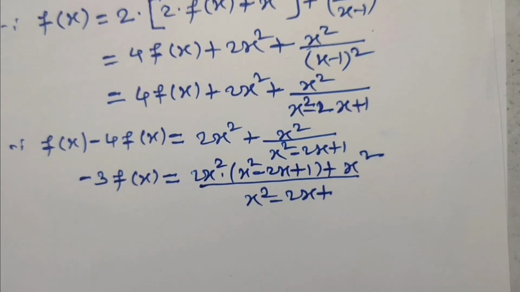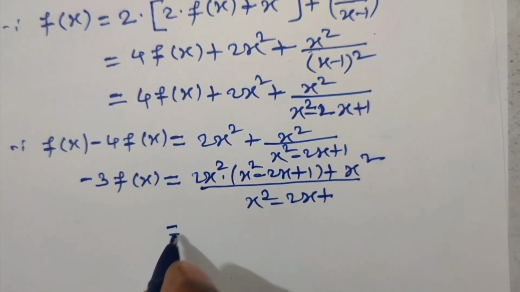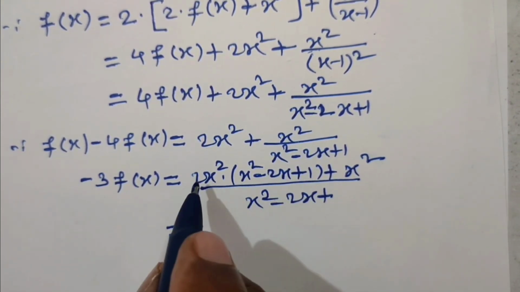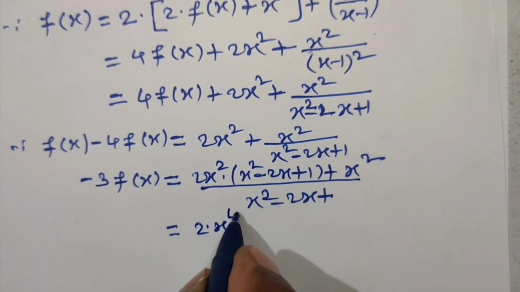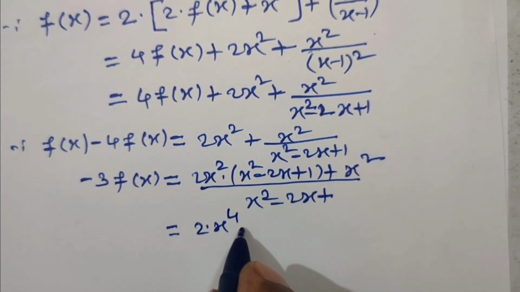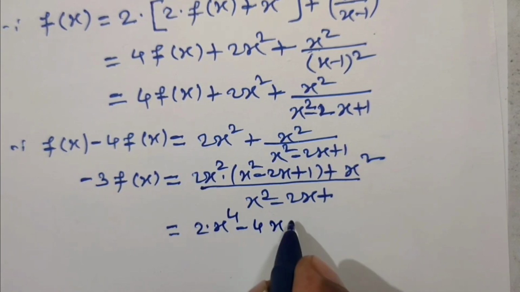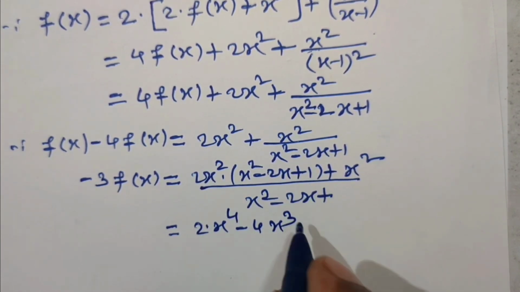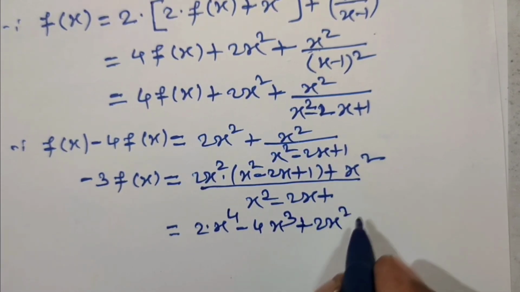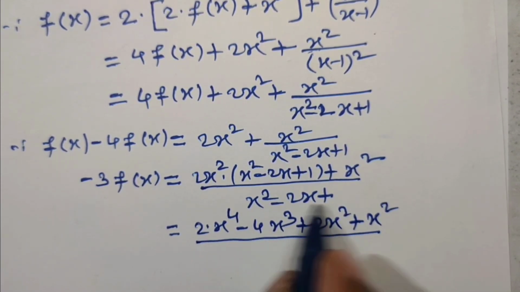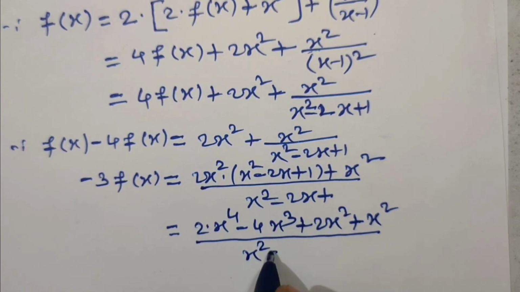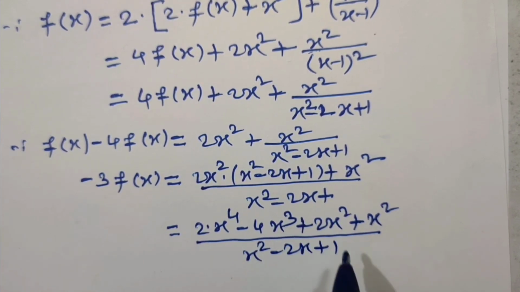Again simplify this. This is equal to, multiply this bracket by 2x square. 2x square into x square, that is 2 times x raised to 4. 2x square into minus 2x, that is minus 4 times x cube. 2x square into plus 1, plus 2x square, plus this x square, divided by x square minus 2x plus 1.